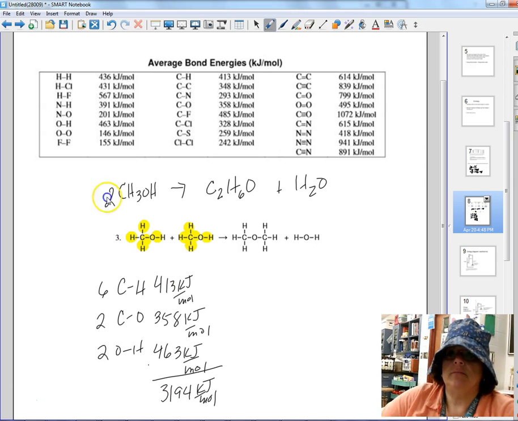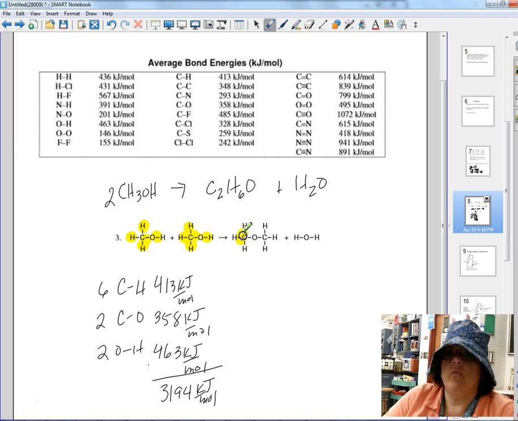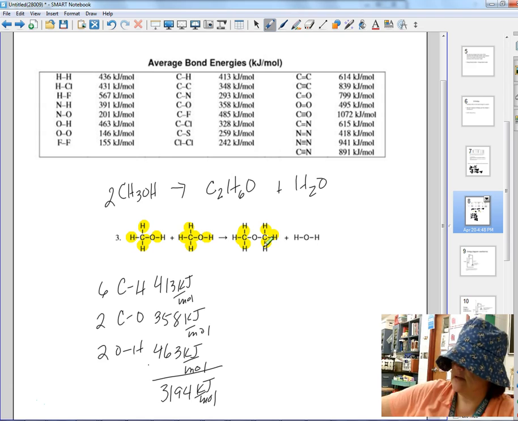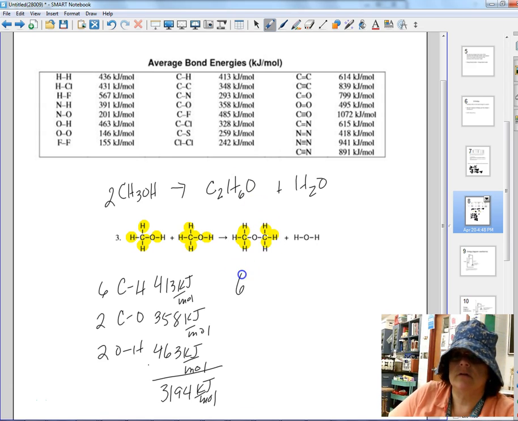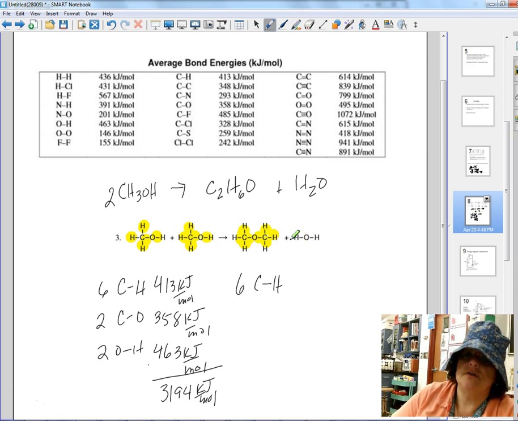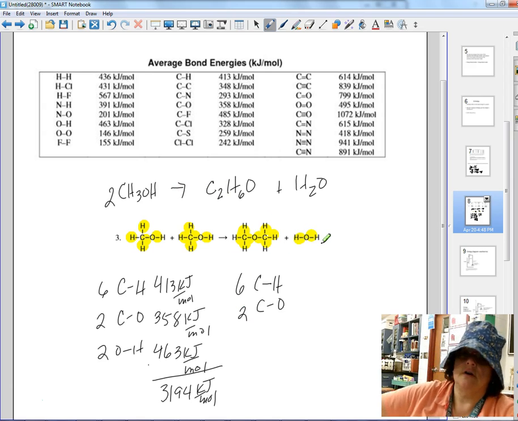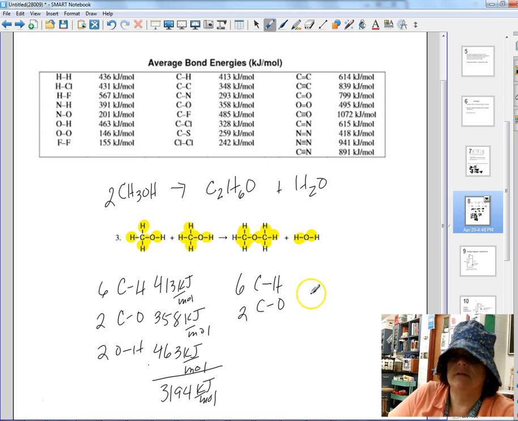The other side, we've got 1, 2, 3, 4, 5, 6 carbon hydrogens. We've got 1, 2 carbon oxygens. Oh, look at what this is going to do. Okay, this is kind of funny. And 2 hydrogen oxygens. How much energy are those bonds going to form?